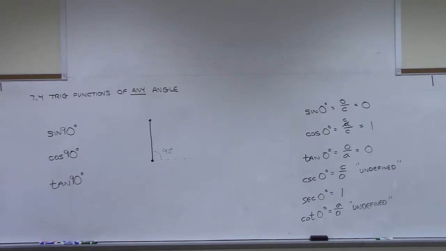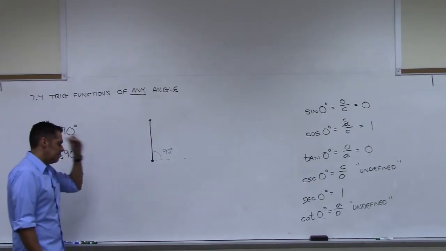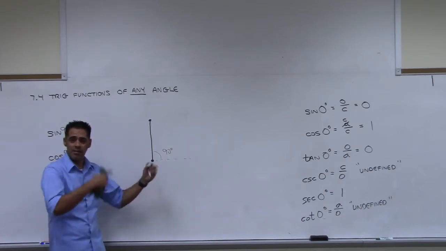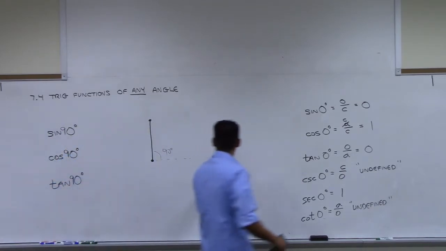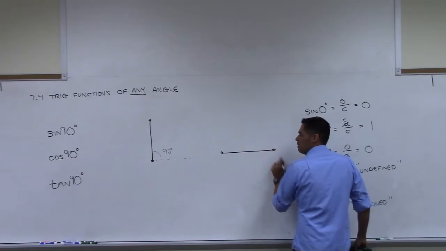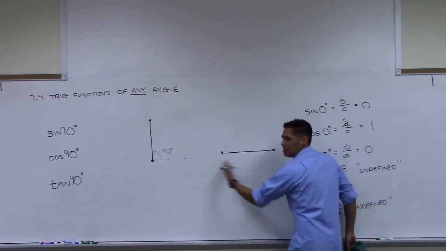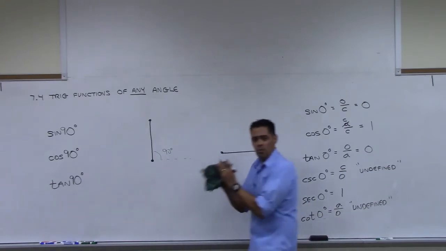What would be the adjacent side to this angle? What would be the length of the adjacent side in this case? I know it's not a triangle, but I'm trying to get you to think through it. We just drew this picture, and we said that the height of the triangle was 0. Well, if I draw this, wouldn't the width of it be 0?